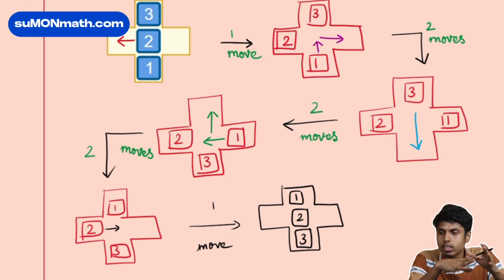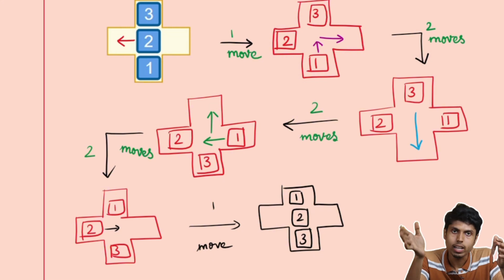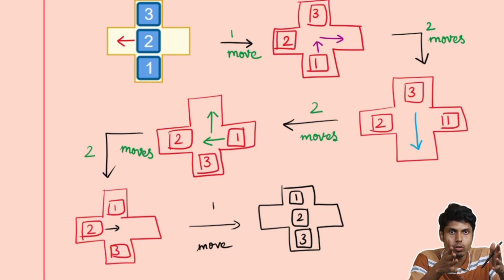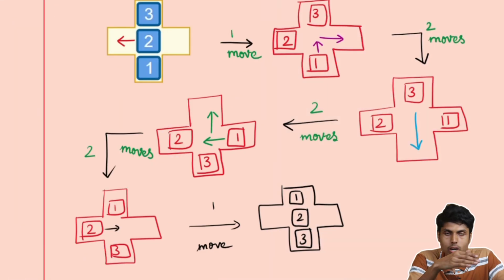So here the fundamental idea is the same. Either you bring 3 to the bottom or 1 to the top and then place the 2. Because if you are going to place the 2 otherwise, that will block the pathways for 3 and 1 to move to their respective extremas. So I chose to move 3 to the bottom and later on 1 should be moved again, because moving 2 will just block the pathway, right?